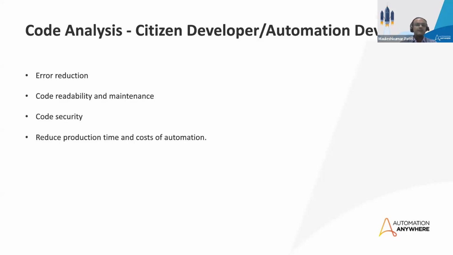It would be easy, because if the constant path changes, then they need to make a lot of changes in almost the majority of the lines of code where they have written the static path. And it will help to reduce the automation cost and effort. That's the main benefit for the citizen developer once they apply the code analysis rules.